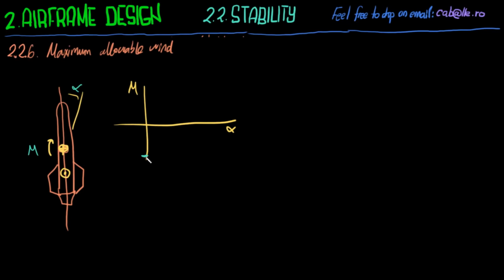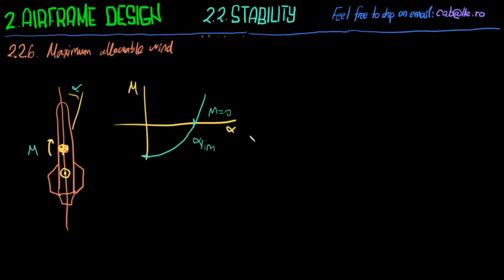However, as alpha increases, the corrective moment is going to decrease in absolute value, every time as we increase alpha, the corrective moment is going to be lower, up to a point in which the aerodynamic center is on top of the center of gravity, thus the corrective moment equals 0. And this is what we're going to call alpha limit.